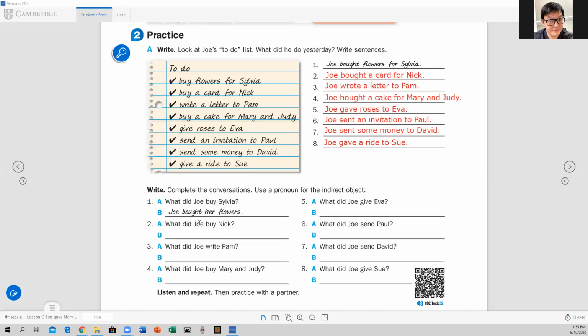Like this. For example, what did Joe buy Nick? According to this, Joe bought a card for Nick, but you have to change Nick. So Joe bought him a card. That's what you have to do.